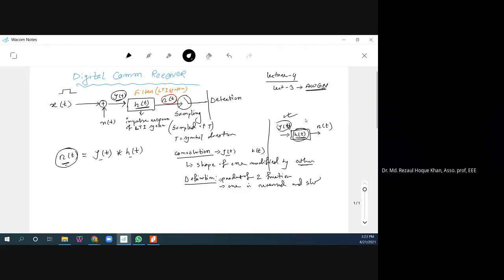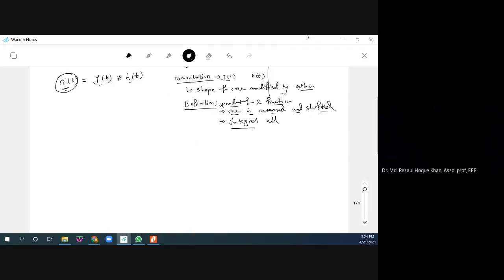That's the definition. What we do is take the integral of all. So, as a general definition, convolution is an integral of the product of two functions where one function is reversed and shifted.